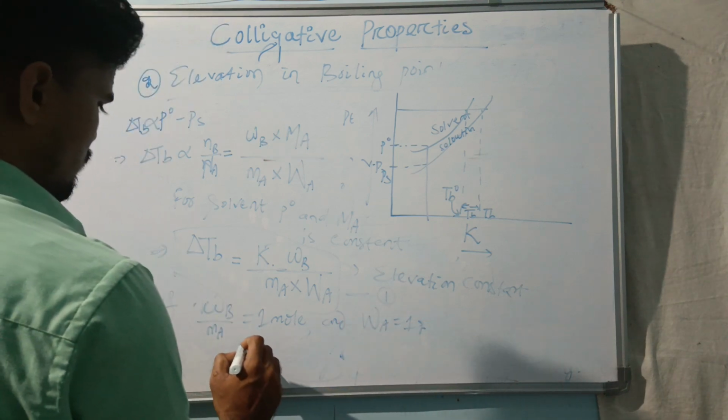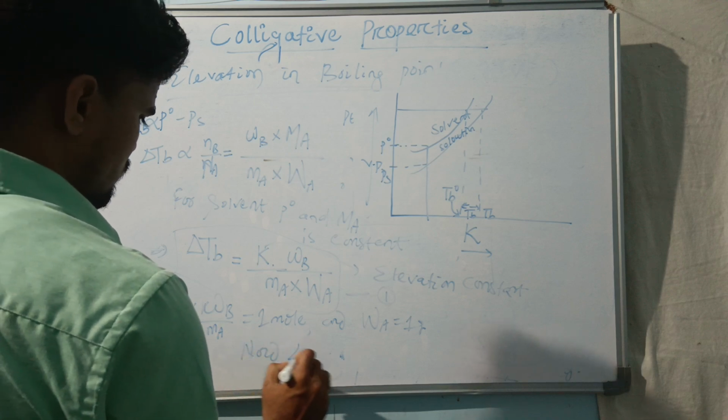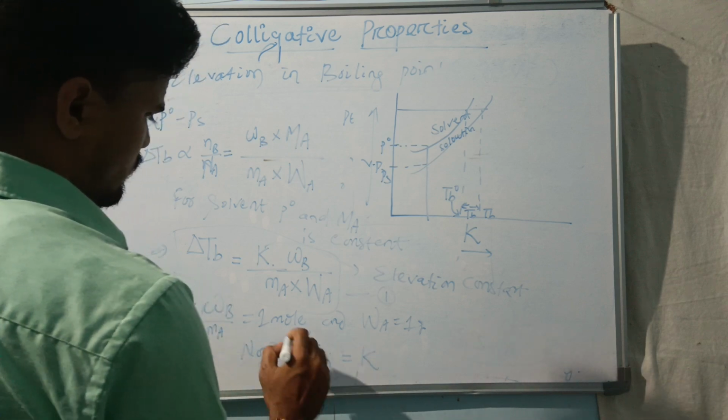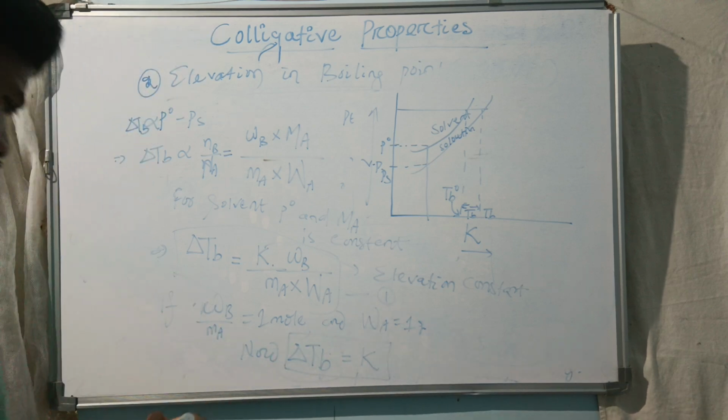This is equation 1. So now delta TB is equal to only K, right?